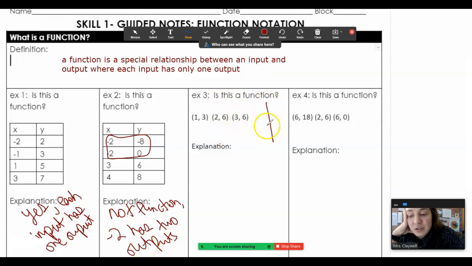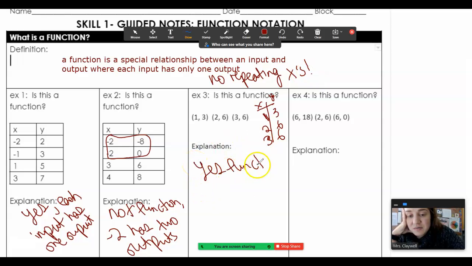This one, if it's helpful to look at it a different way, you can look at it as 1, 3, 2, 6, 3, 6. Each input has one output. I have no repeating inputs. So another way to think of it is no repeating x's. I have no repeating x's, so this is yes function.